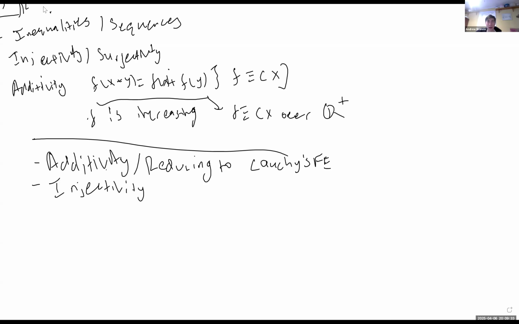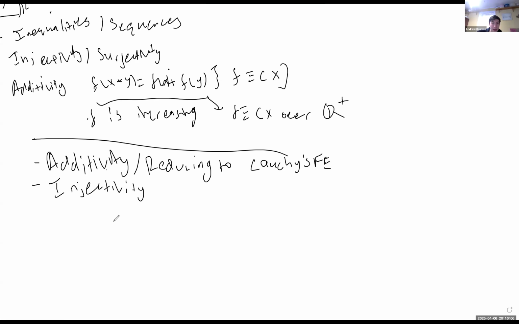For additivity, a lot of the time this will come up if the equation looks similar to the Cauchy functional equation, but there are a few issues with it, like something is unwrapped and you need to maneuver it into a different form.